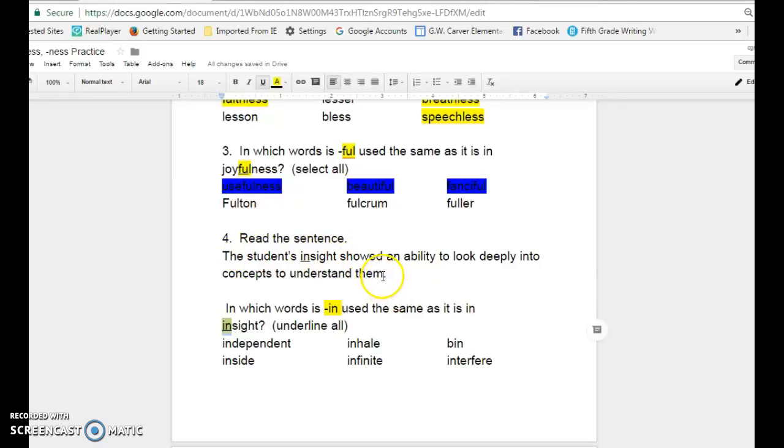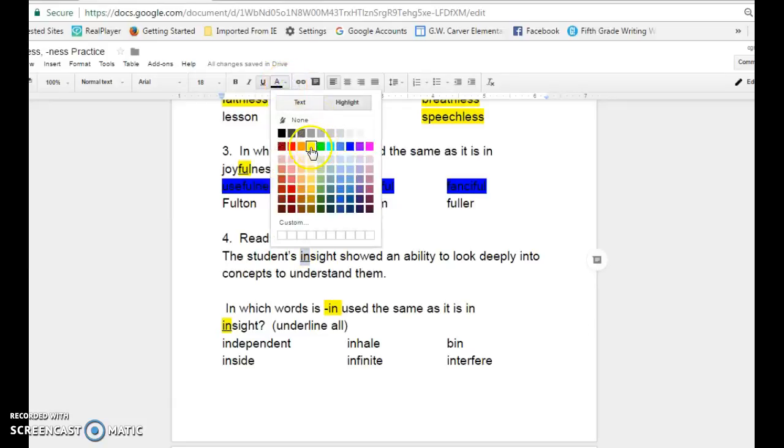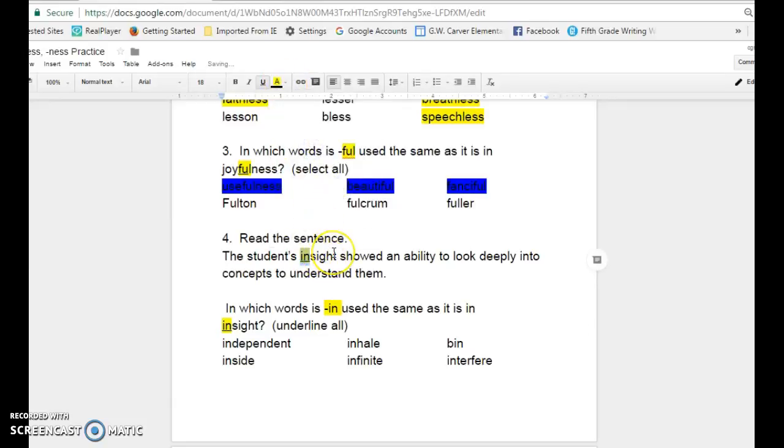Context is the best way to figure out the meaning of a word. The student's insight showed an ability to look deeply into concepts to understand them. So if we're trying to figure out what insight means, we know that in can mean a couple of different things. It can mean into, like looking into. It can mean on. It can mean not.